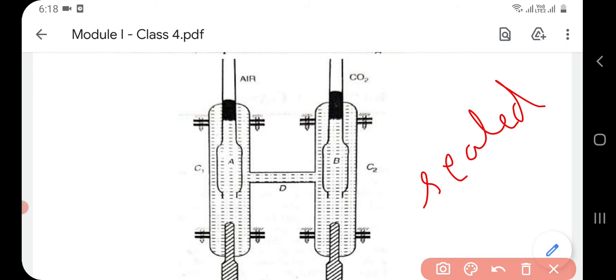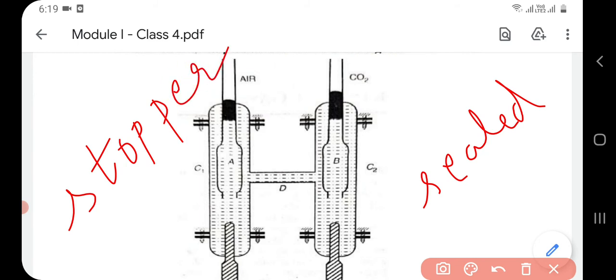Then a small piece of mercury is inserted into tube A as well as tube B. This small piece of mercury acts as a stopper. It seals air in tube A and carbon dioxide in tube B. So in tube A we have air, whereas in tube B we have carbon dioxide.